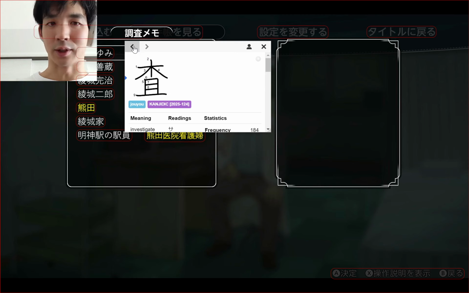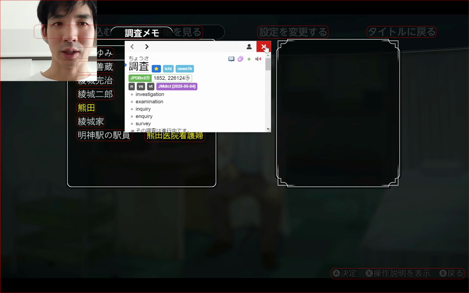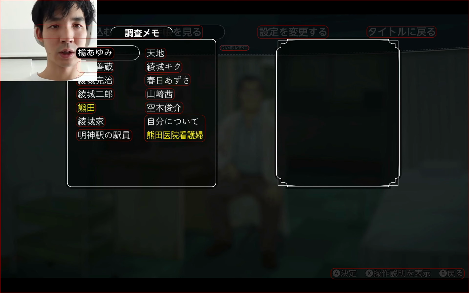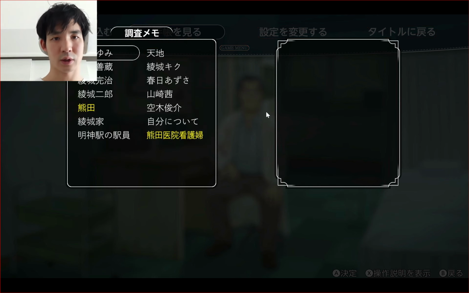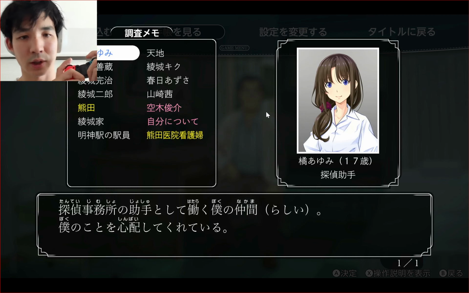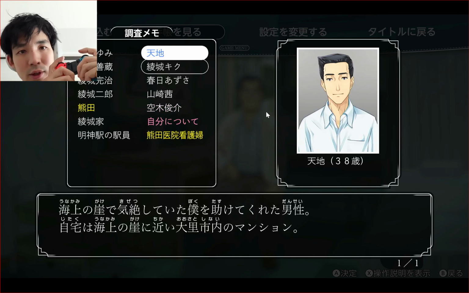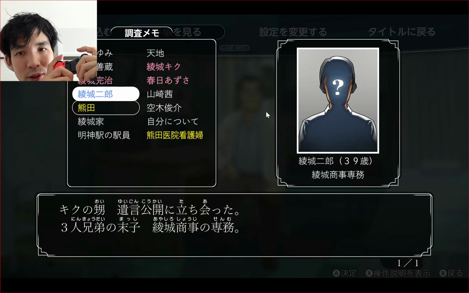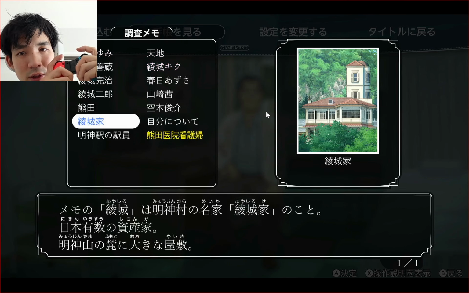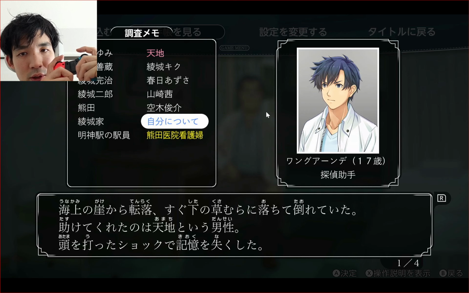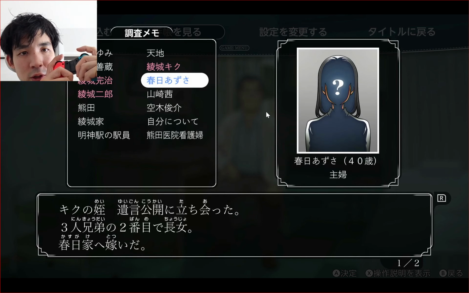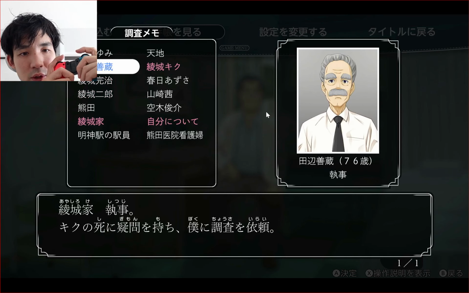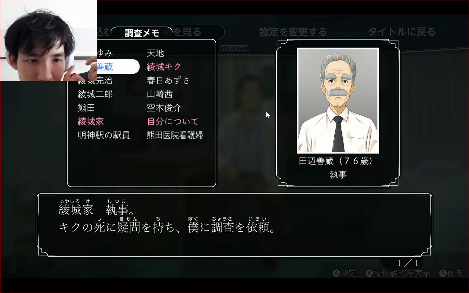So let's investigate a tree over a top hat looking thing. This is our partner. This is the guy. Where's the guy who died? Let's look into the butler.